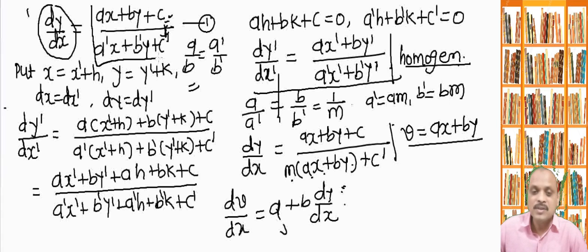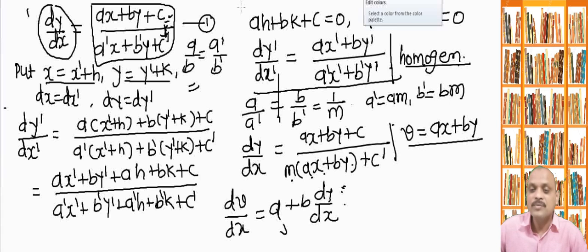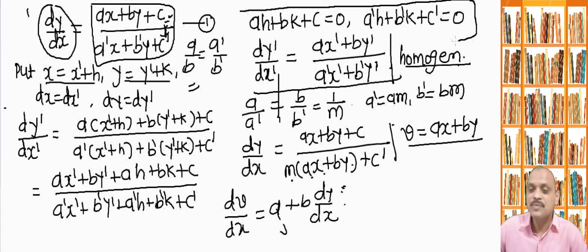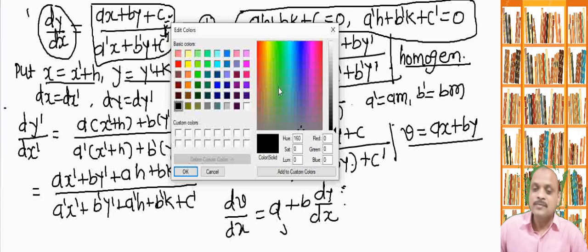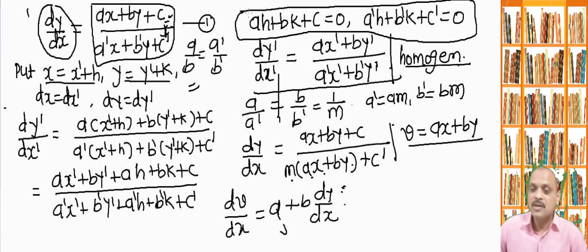In this equation you have to put x equal to x dash plus h, y equal to y dash plus k, and these values of h and k are obtained from these two equations. We can solve these two equations to find the values of h and k.